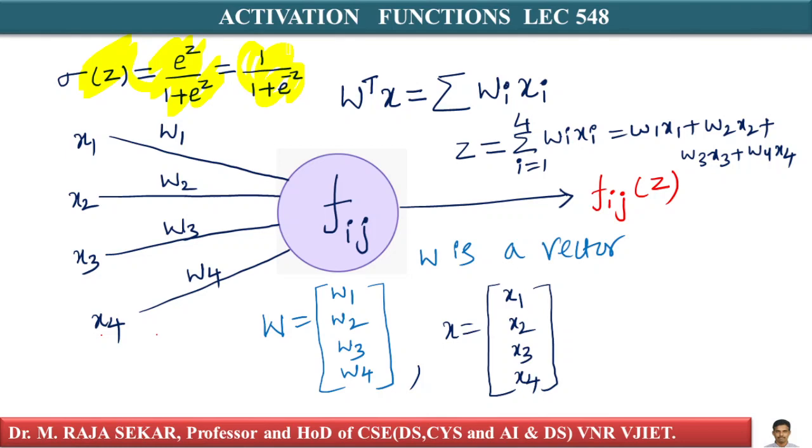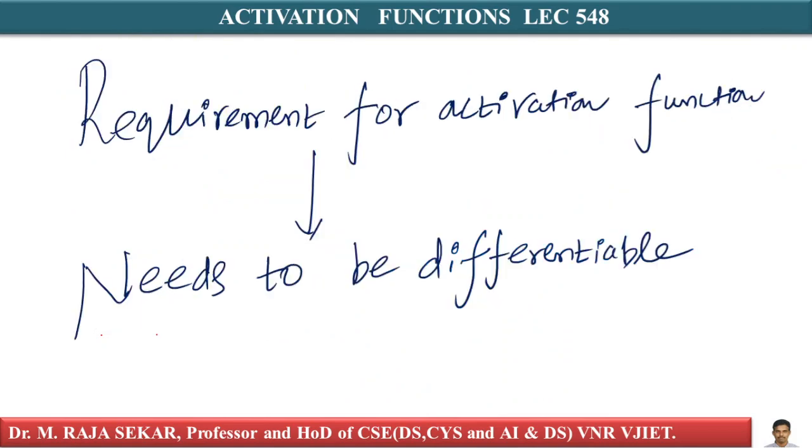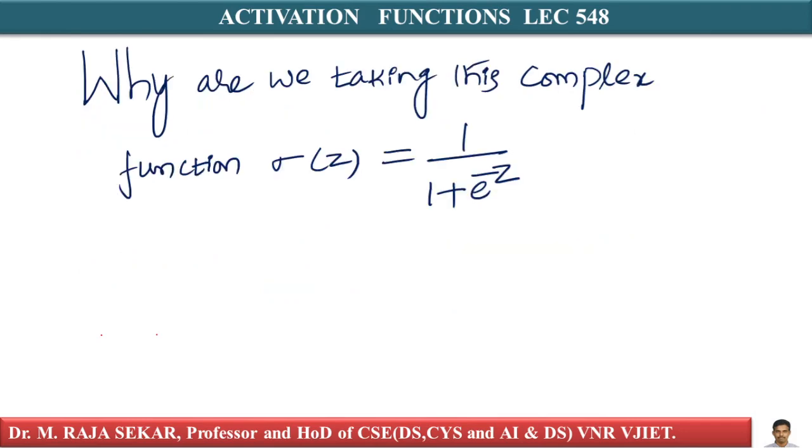Remember the requirements of an activation function: it needs to be differentiable, and it should be easy to differentiate. You might wonder why we take this complex function sigma(z) equals 1 by 1 plus e^(-z). From a differentiation perspective, sigma has some advantages.